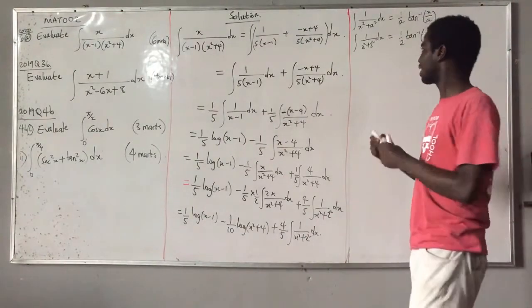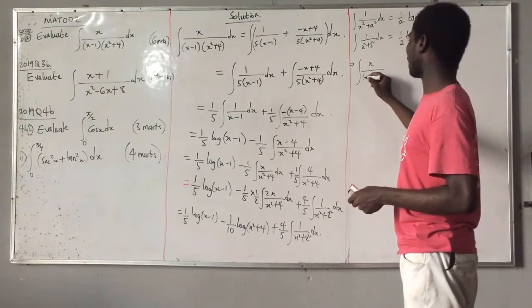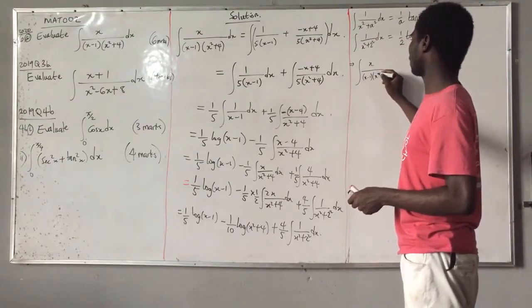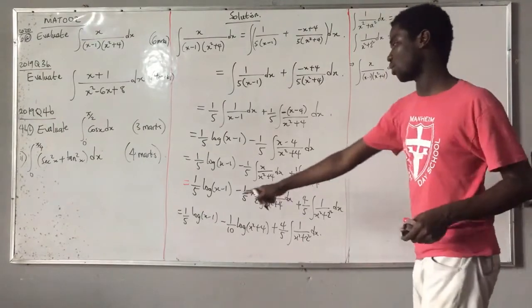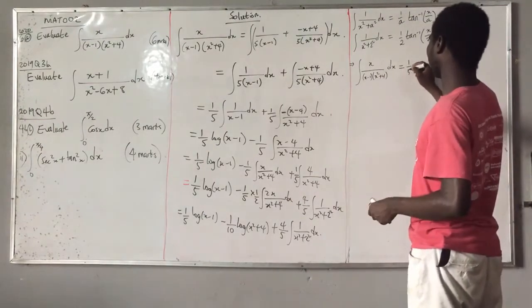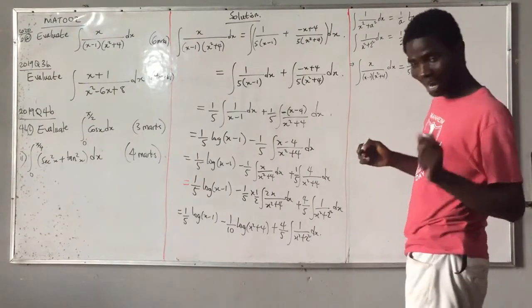So at the end of the day, the final answer to the integral of x over (x minus 1)(x squared plus 4) ds will now be equal to all these things that I have here. 1 over 5 log of x minus 1, right?